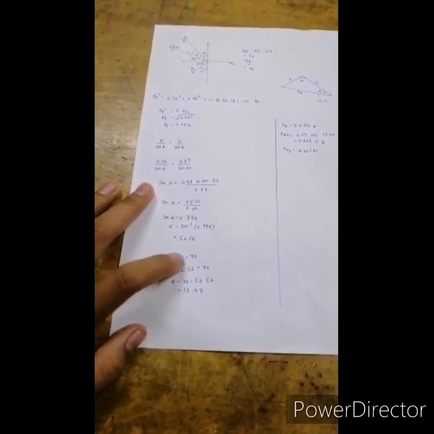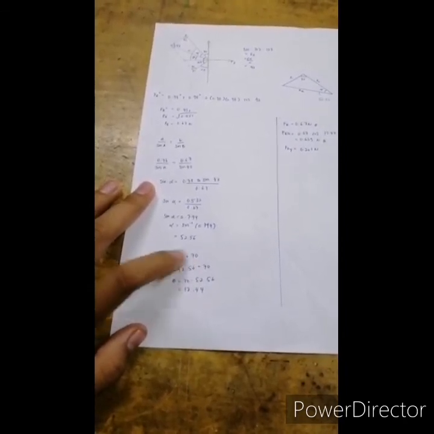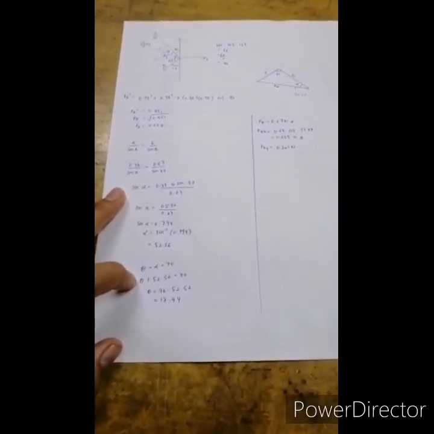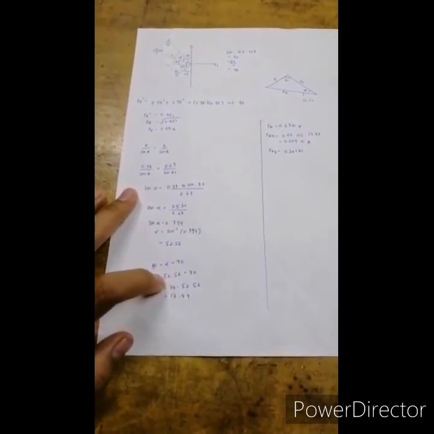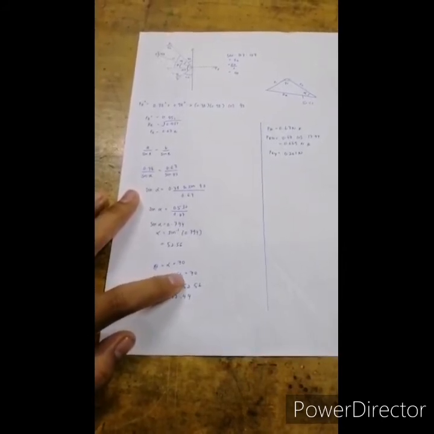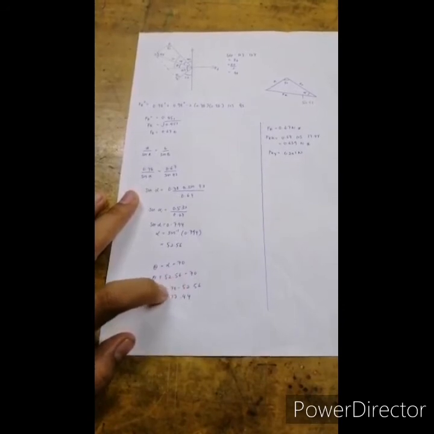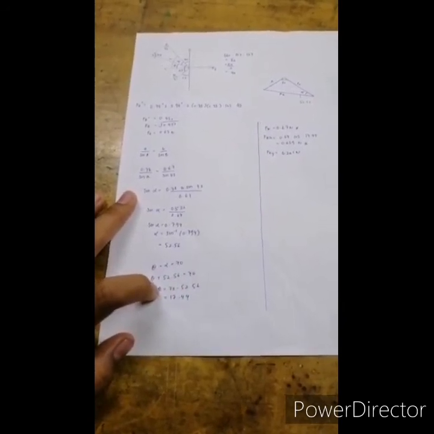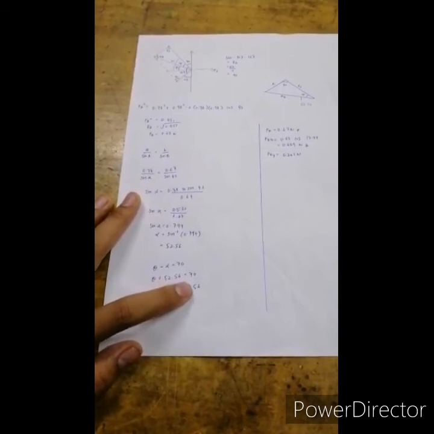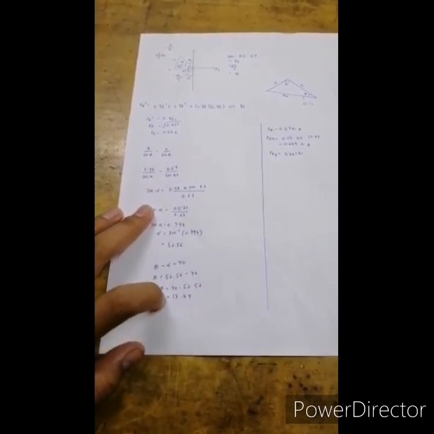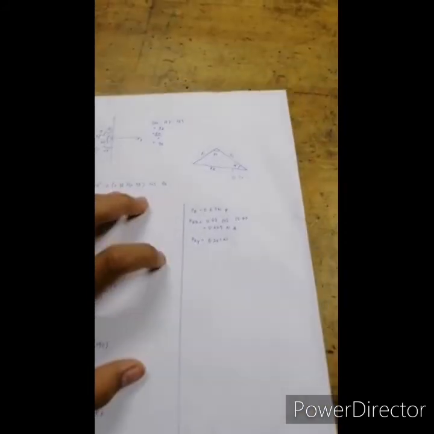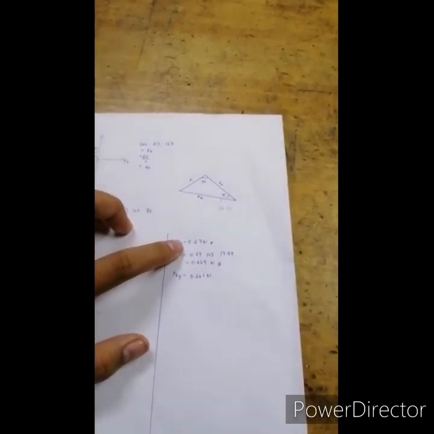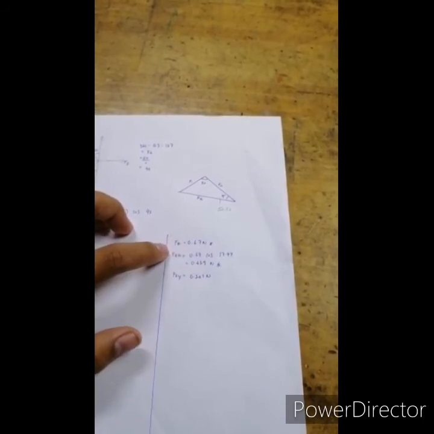Theta plus alpha equals 70. Theta plus 52.56 equals 70. Theta equals 70 minus 52.56, the answer is 17.44, and FR equals 0.67 Newton.